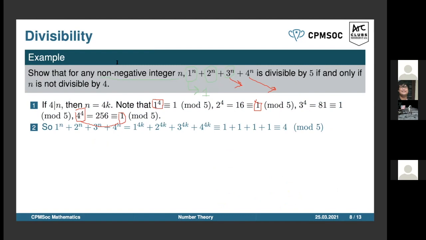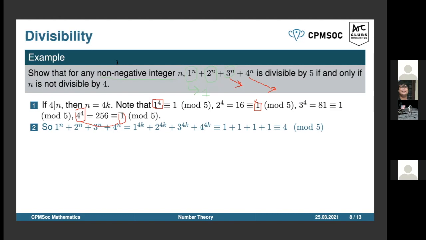So from the small cases, we can see that the values of each power are periodic with a period of 4 when you take a modulo of 5. It turns out we can divide all the values of n into 4 cases, based on the remainder when n is divided by 4.